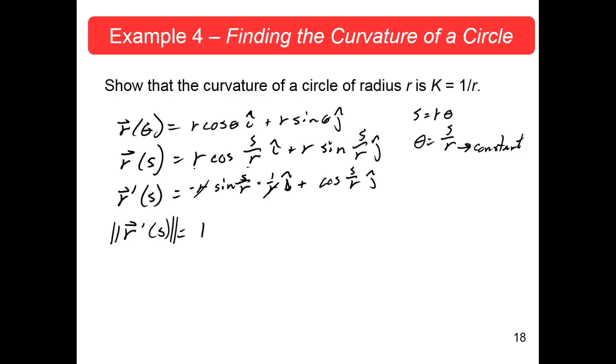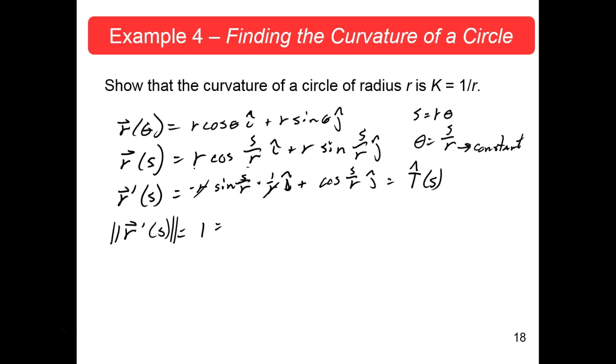So if this is a unit derivative, then this is also our unit tangent vector in the direction of s, with respect to s. Because r prime is always in the direction of the unit tangent vector. If r prime turns out to be a unit vector, that is the unit tangent vector then. Okay?